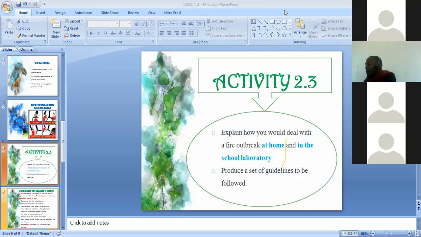So we are going to use our whiteboard to ensure that we can come up with ideas of how to put off fire at school. Like I said, we've started trying out things.